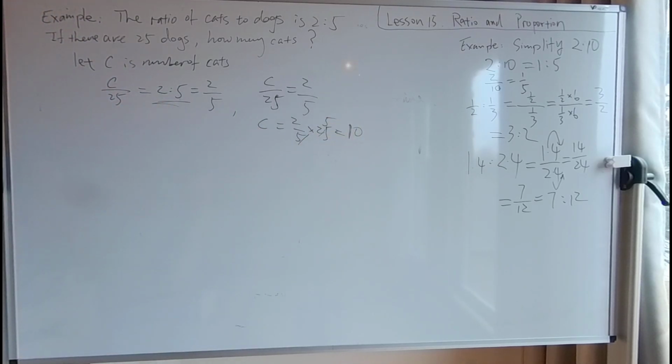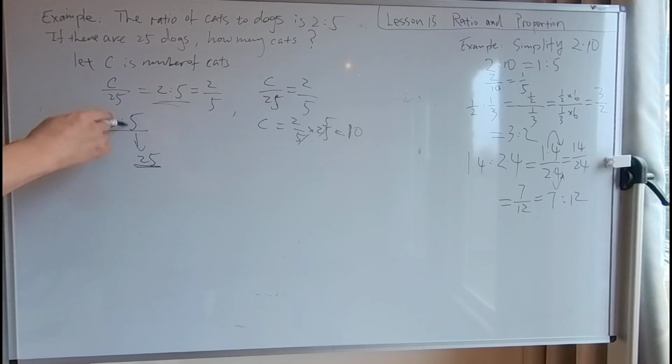There's actually another quicker way to show this. The ratio is 2 over 5, and I know that the actual number of dogs is 25. So it's 5 times the ratio. That means a multiple of 5 was cancelled out when we got to this ratio.